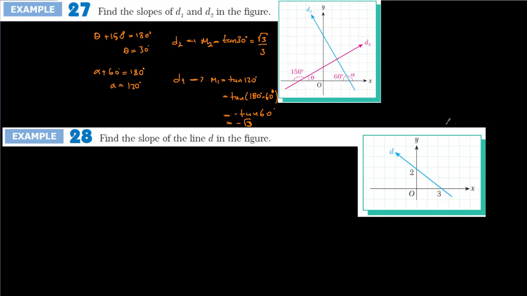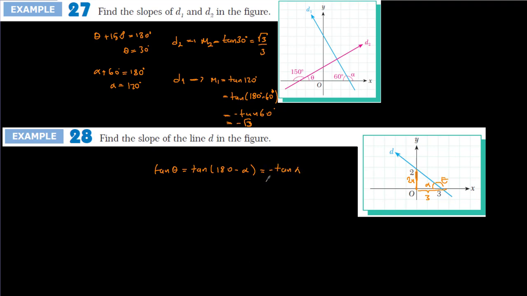Okay, the next one is related to the right triangle here. In the right triangle, this distance is equal to 2 units, and this distance is equal to 3 units. If this is alpha and this is theta, we are looking for tangent theta. Tangent of 180 minus alpha, from the formulas, is minus tangent alpha.